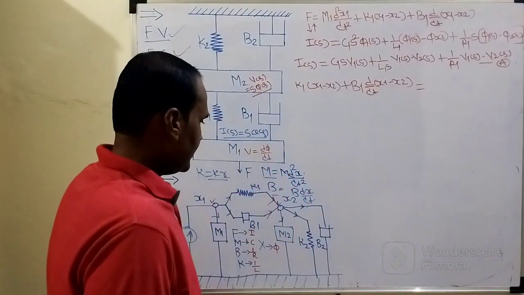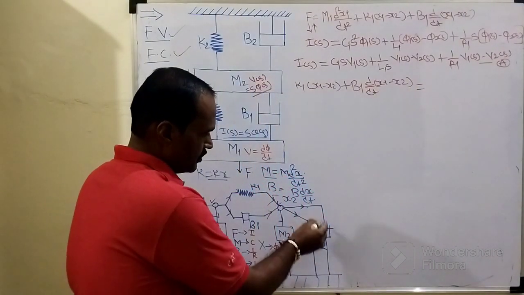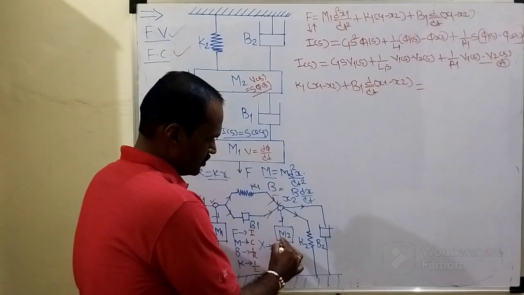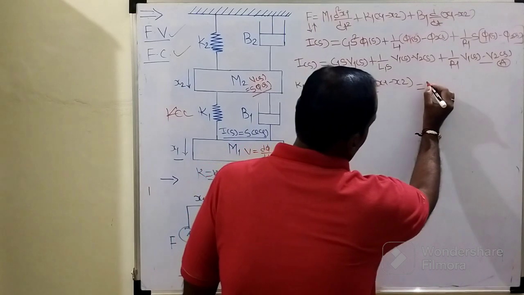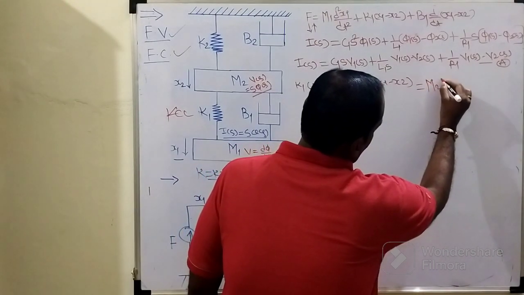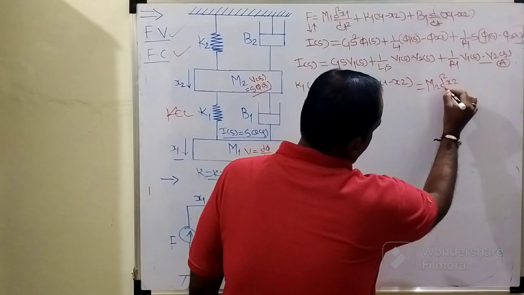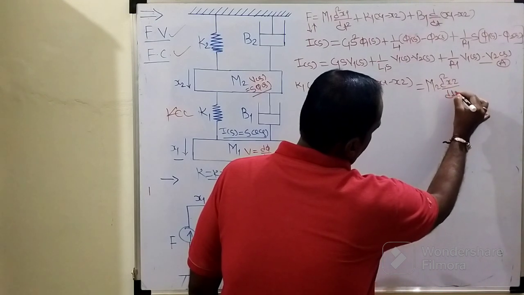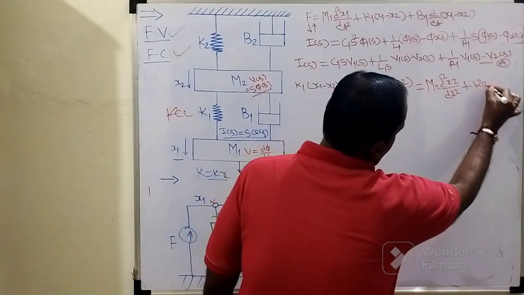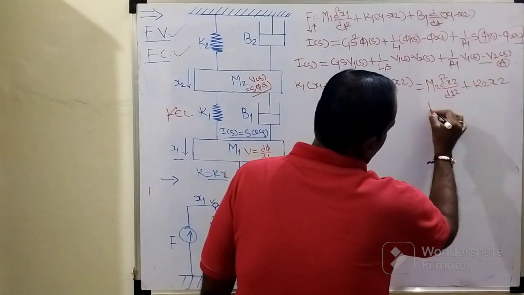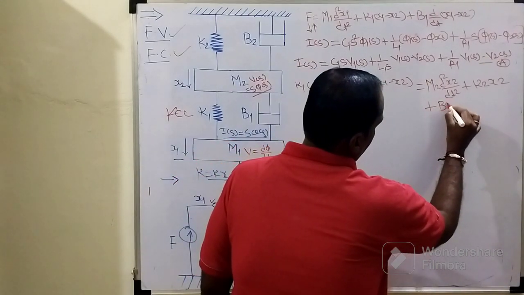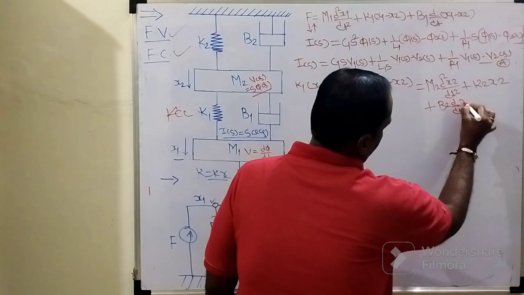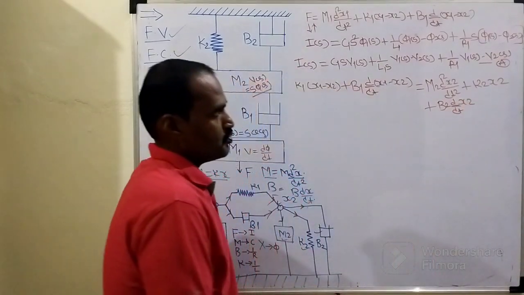After that, to the right hand side of this assignment operator, we need to write the force equilibrium equation belonging to m2, k2 and b2. So the force equilibrium equation for m2 will be m2 into d square x2 upon dt square plus k2 into x2 plus B2 into d by dt followed by x2, right?